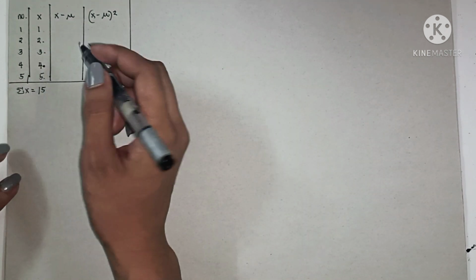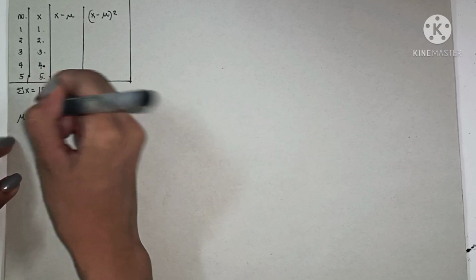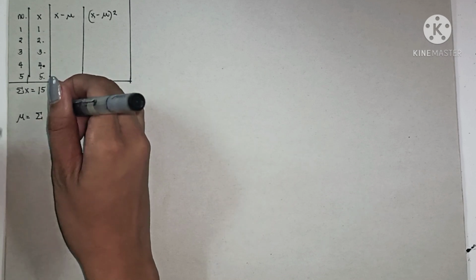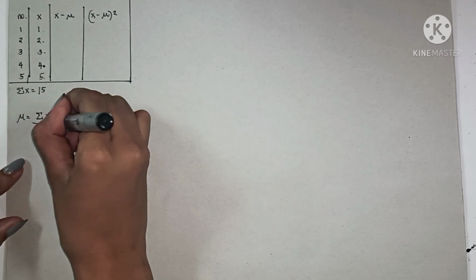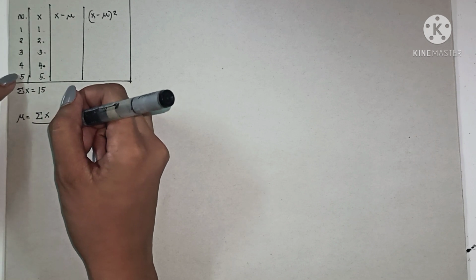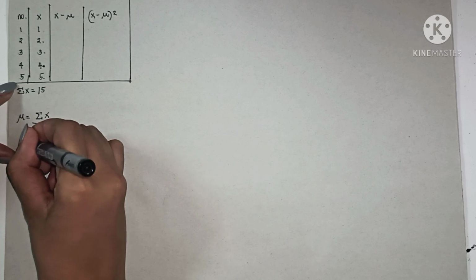And to solve for the population mean, so mu natin is equal to the summation of x over N, capital letter N, or the population size.